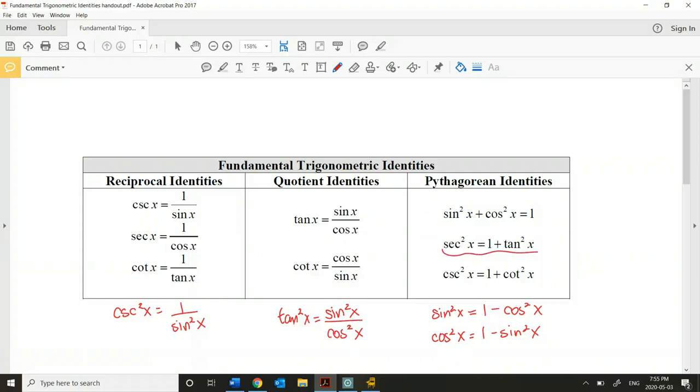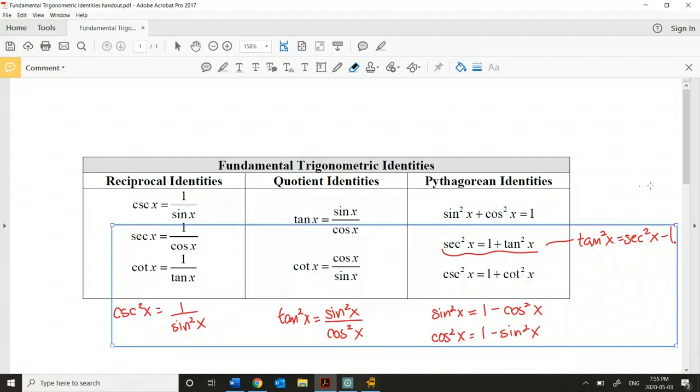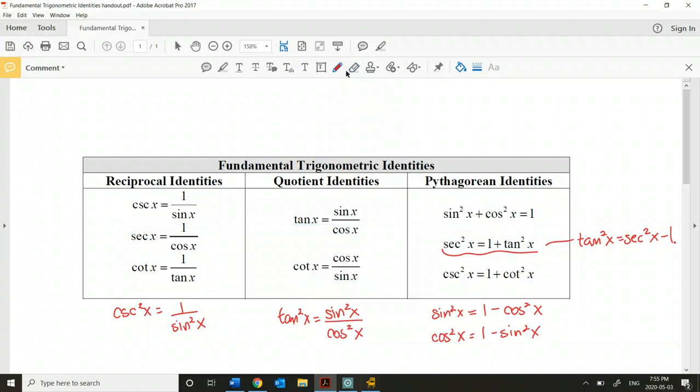And typically we've talked about how like 90 to 95% of the time the right move is going to be to put everything in terms of sine and cosine. But if I rearrange this formula, I see that tan squared x is actually equal to secant squared x minus 1 if we move that 1 over. And that could be a potential way that I could go with this as well. So that's definitely an option here.